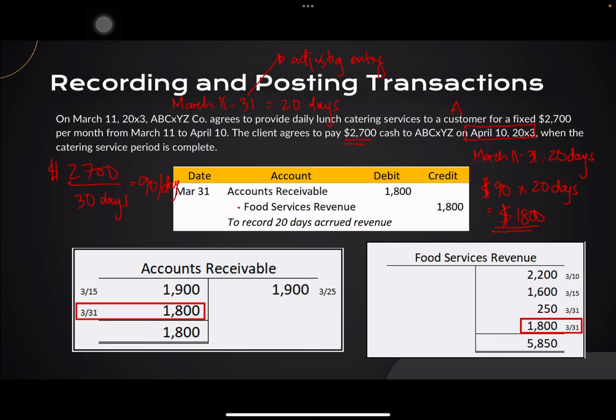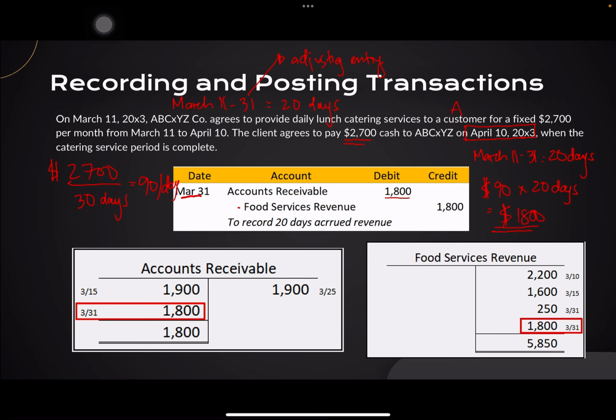As I've mentioned previously and numerous times, for every journal entry or adjusting entry that you prepare, always update the detailed record of that account. In this case, on March 31st, our accounts receivable was affected because of the promise amounting to 1,800. So this 1,800 will be reflected in our T account or in our ledger as an increase.